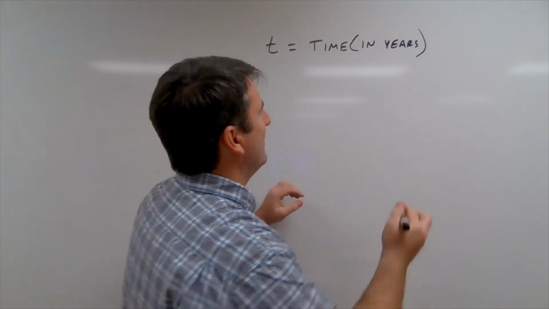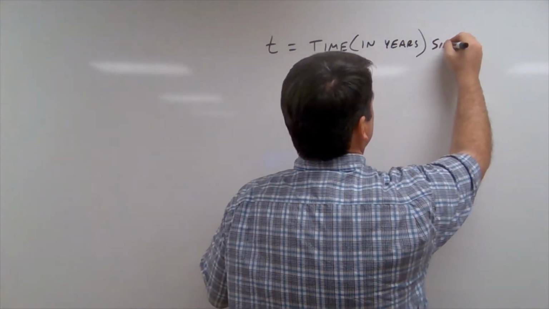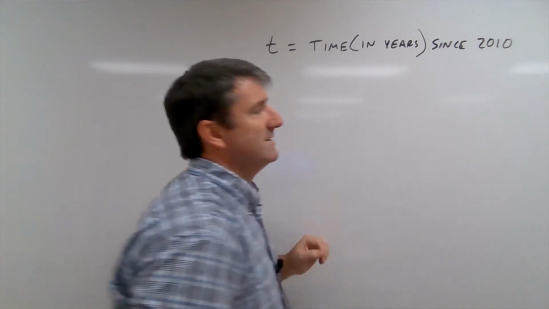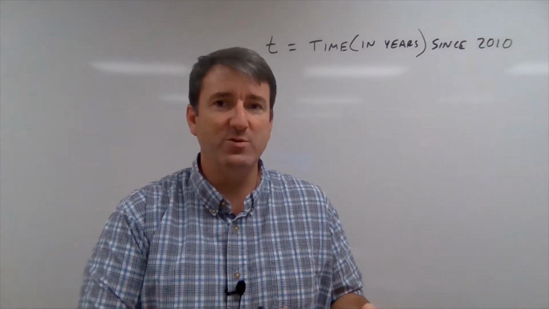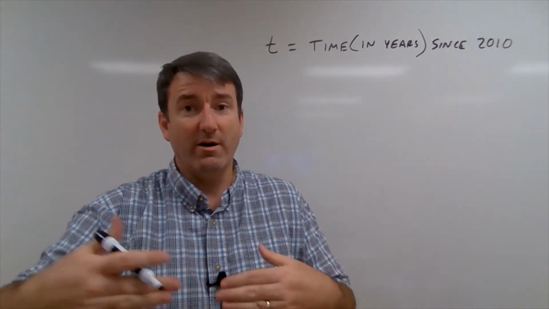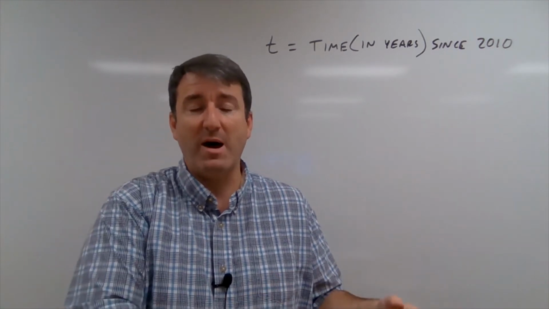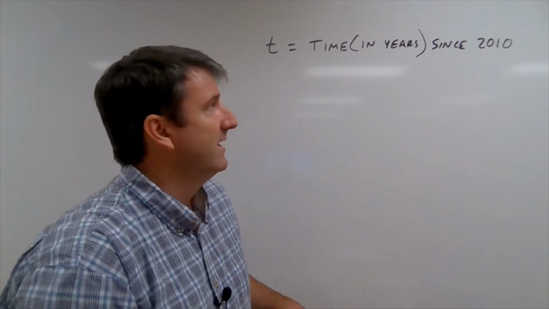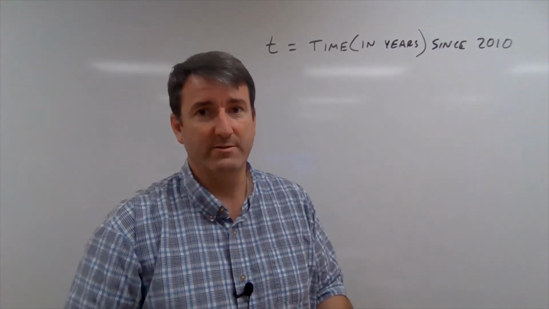And we want this to be time since 2010. Since we know the population in 2010, we want our initial value to be that population in 2010. So our initial year is going to be 2010. That's going to be when t equals 0.